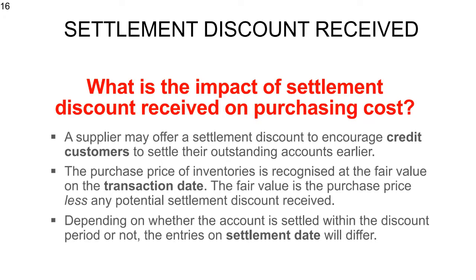Someone said, please repeat. Trade discounts, bulk discounts, cash discounts, there's no uncertainty. We are confident that we're going to get those discounts. The ones where there is uncertainty are settlement discount and volume rebate. If you remember when we did revenue, it's the same two that caused us issues in revenue that are coming back for us now.